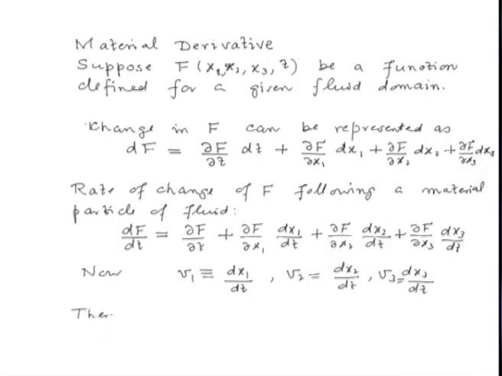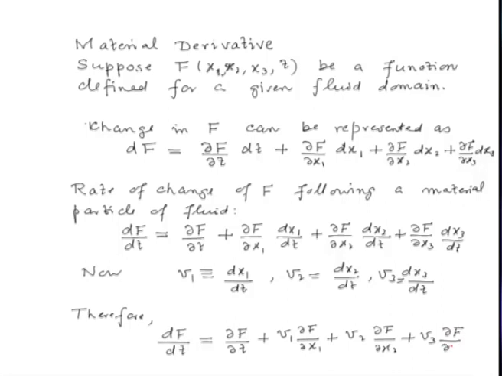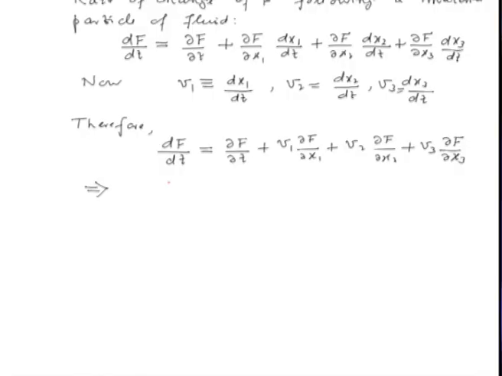Therefore our df by dt becomes del f over del t plus v1 del f over del x1 plus v2 del f over del x2 plus v3 del f over del x3. Let us write it a bit more concisely using our tensor notation.